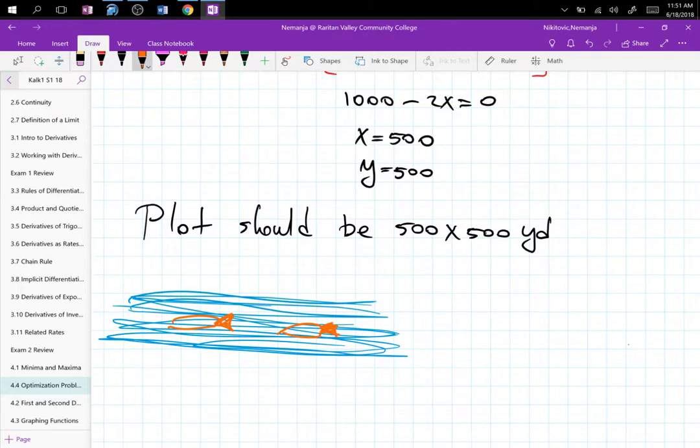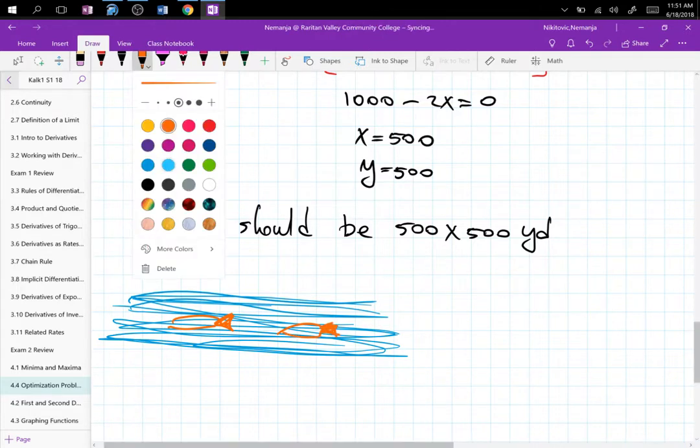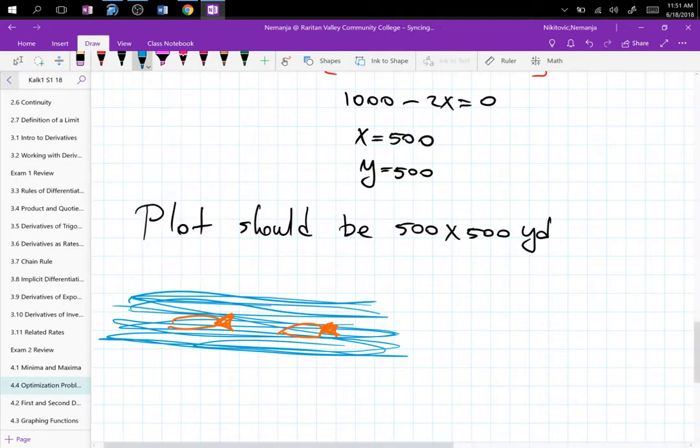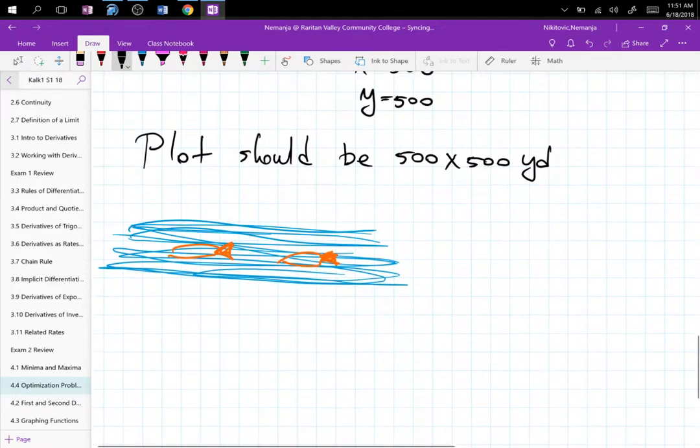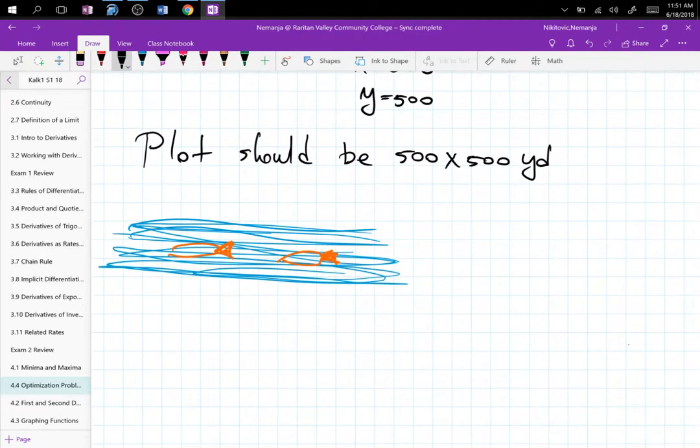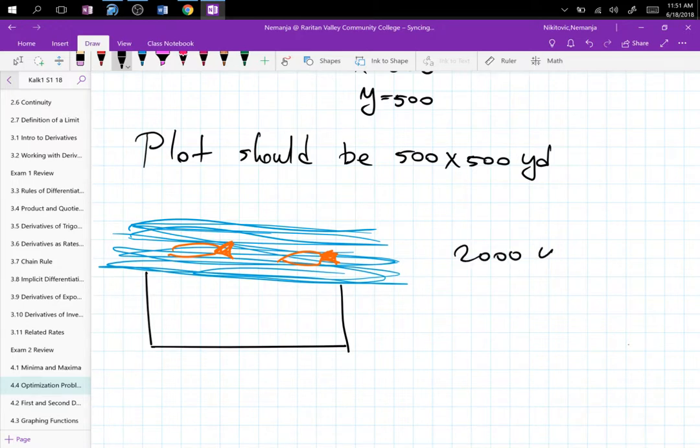And we're going to fence off a rectangular plot again. We still have 2,000 yards of fence. That's fence. And we're still looking for maximum area.